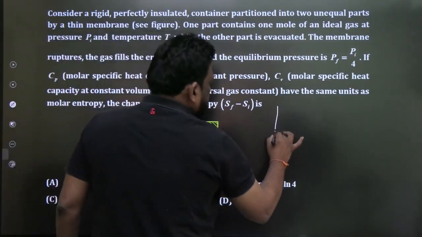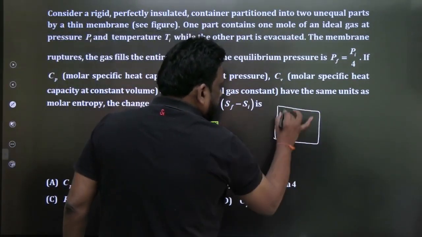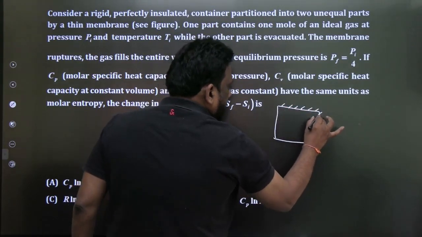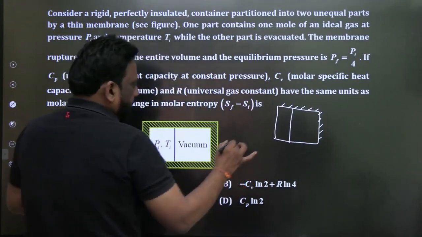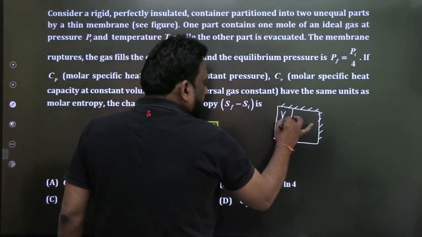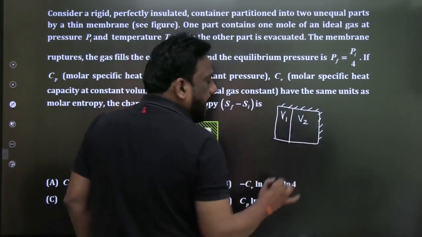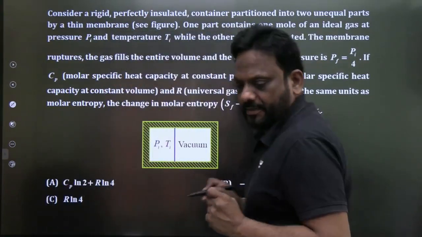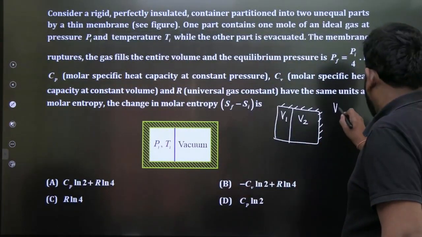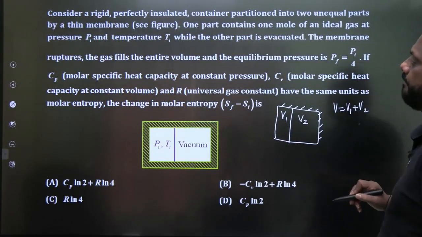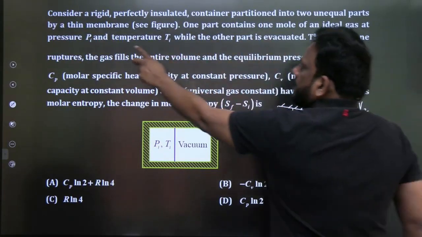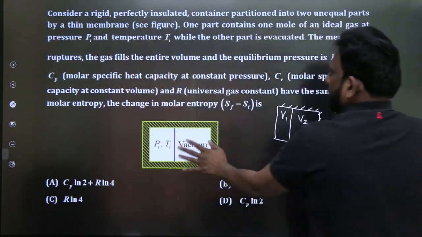This is the container, and it is insulated and divided into two parts. Let this volume be V1 and let this volume be V2, and you know that volume is an extensive property, so the total volume is V1 plus V2. Now, unequal parts by a thin membrane as shown in the figure.